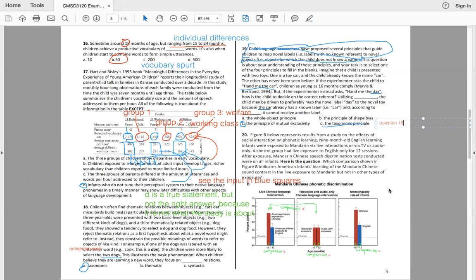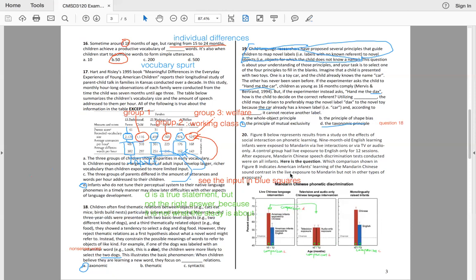Unfortunately, some of you missed this question. So here's the question, which comparison, A, B, C, D? There are four comparisons, and you need to find out which comparison indicates American infants learning of the Mandarin Chinese sound contrast in the live exposure to Mandarin, but not in other types of exposure. The question already shows you what comparisons you need to look at.